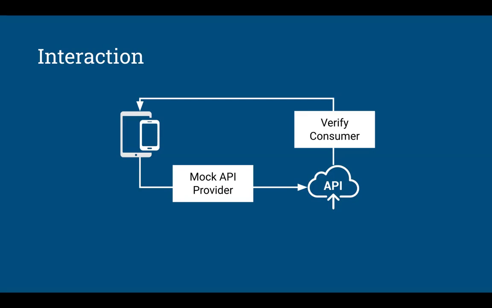What it's doing is simulating what you have created, so what you create in the code is what you actually meant to create. Once you've created the mock and run your test against it, it will spit out a contract. And once the contract has been spit out, the API provider can verify against that contract.